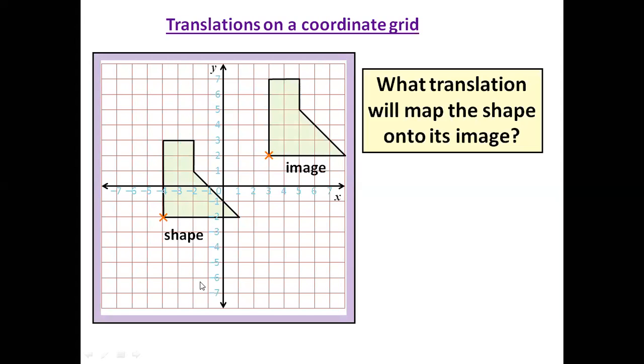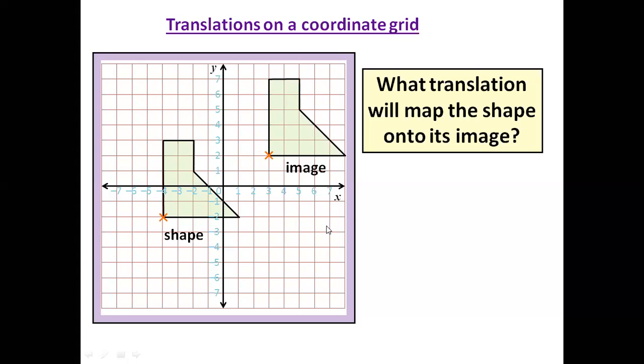Another question. That's the shape and that's the image of it. What translation will map the shape here? Now, you can just choose one point and count. As you see, that is the original shape. This is the image. So we count right or left first.